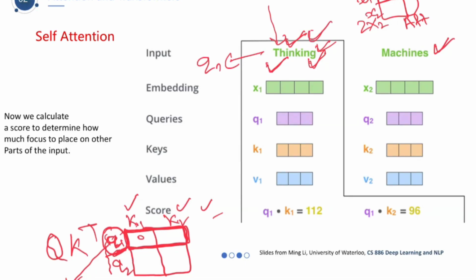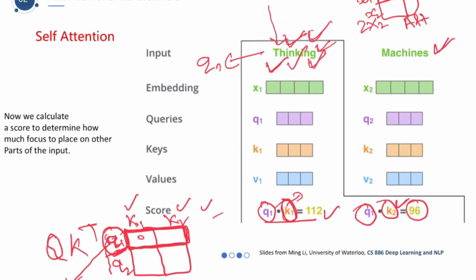So you can see here, we are multiplying because the focus is on thinking. So I'll take the query of thinking because the query will ask, and from where? Those are K1 and K2. So it will ask the things from the keys. Okay, so query 1 will be multiplied with key 1 and you get the value. Query 1 will be multiplied with key K2 and you get the value. So the keys are coming from all the other words.